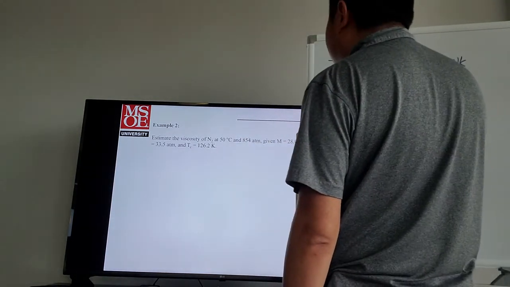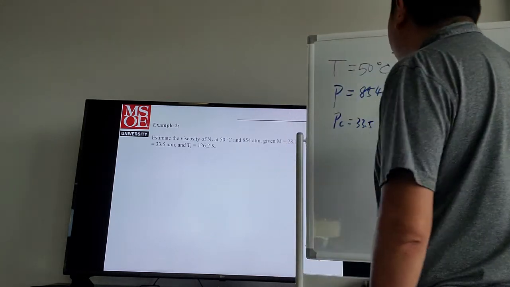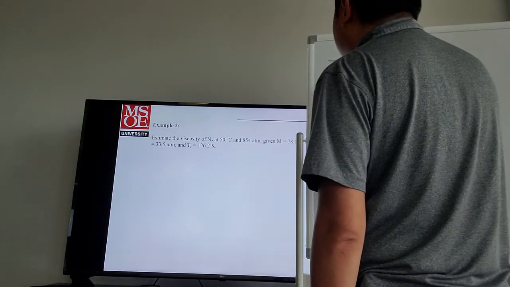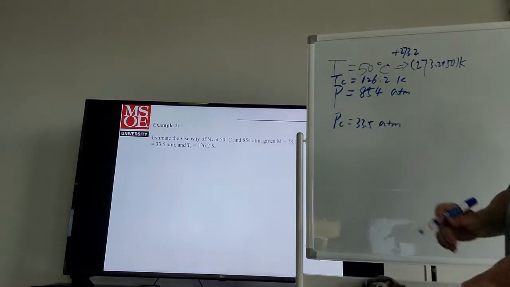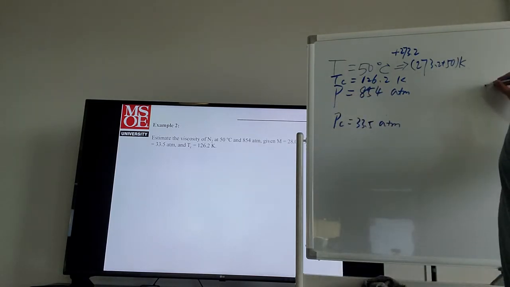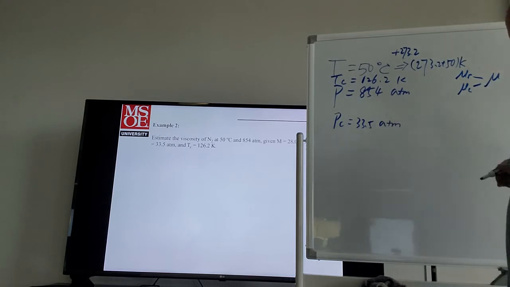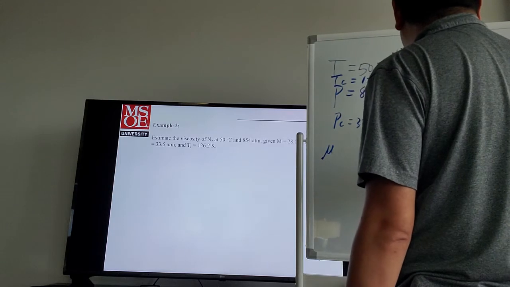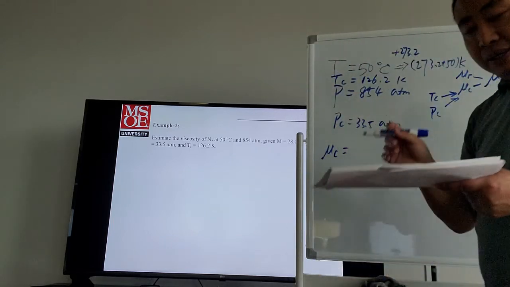PC is given, so we know PC is 33.5 atmospheres. We also know TC is 126.2 Kelvin. So now we know to get MU, we need both MUR and MUC, right? For MUC, we can get it from TC and PC. For MUC we have the equation.